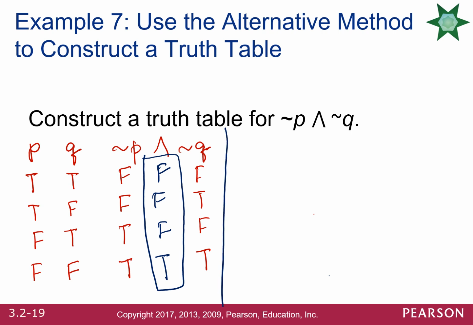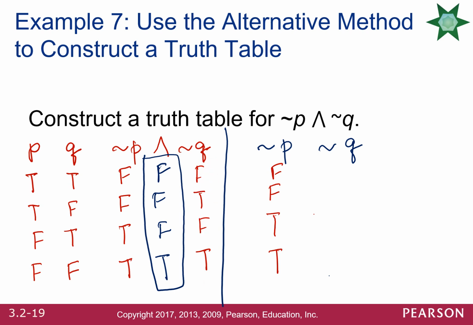With the alternative method, we have not P, and then we are also going to write not Q without the AND in between them. All right, so not P values are, what are they? FFTT, so let's just copy them, FFTT. And then the not Q values are FTFT.